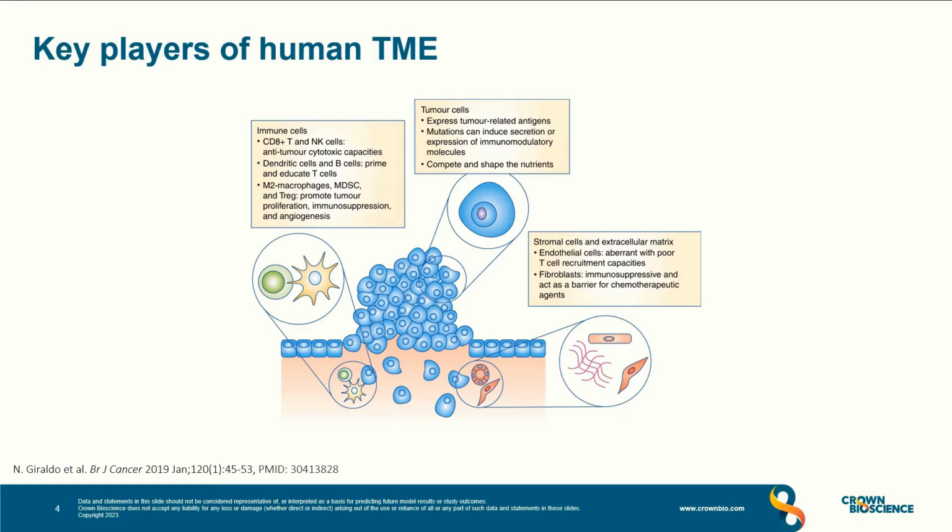Importantly, it is not a binary anti-tumor or pro-tumor environment, but rather a mixture of these types. The overall phenotype is determined by the interactions of the immune cells with each other and with non-immune cells.